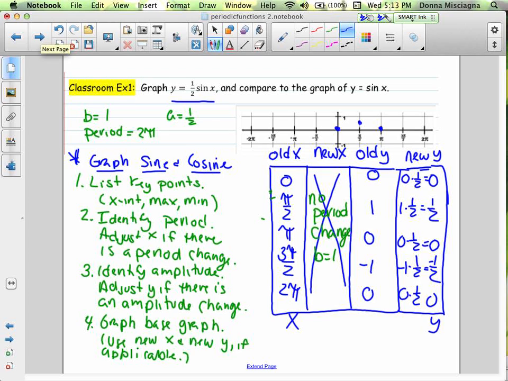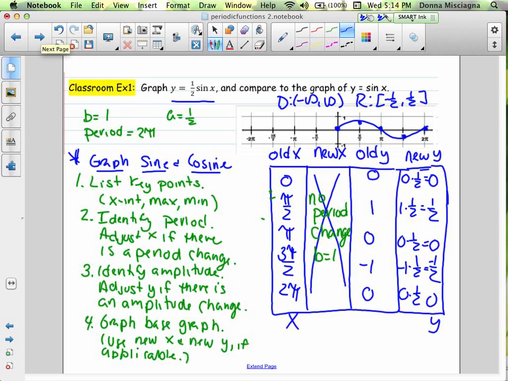We have the point 3 pi halves, -1/2. And we have the point 2 pi, 0. And there's our graph. And our domain is all real numbers. And the range is -1/2 to 1/2. And that's it. We're all done.